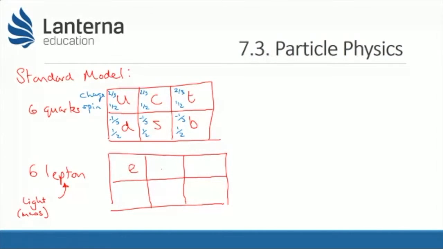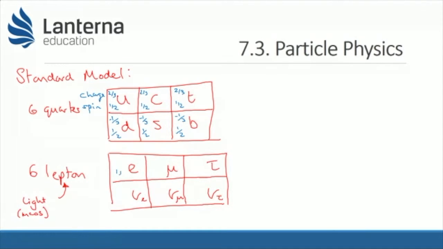So we have an electron, a muon, and a tauon. And each of these has its own neutrino: an electron neutrino, a muon neutrino, and a tauon neutrino. And so, again, spin numbers are all 1/2.